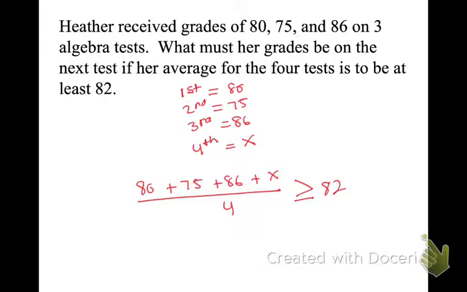There we go. We add it up. I should have brought my calculator here. I'm going 80 plus 75 plus 86 plus, I'm just not going to do that last one.